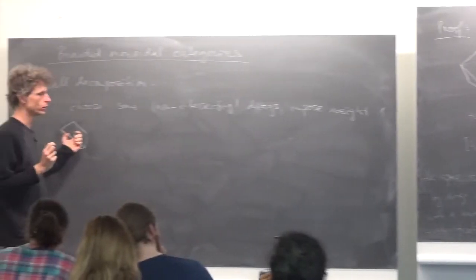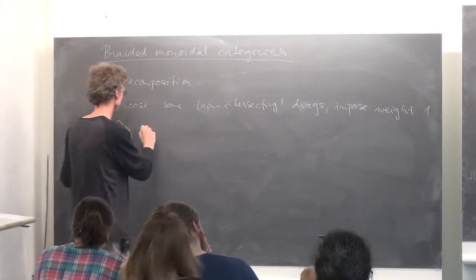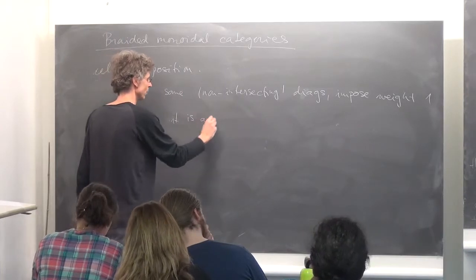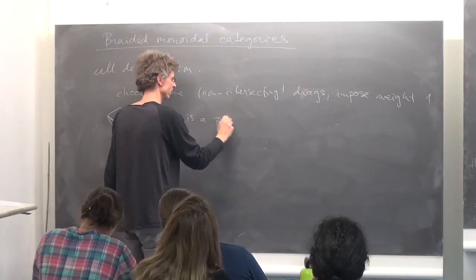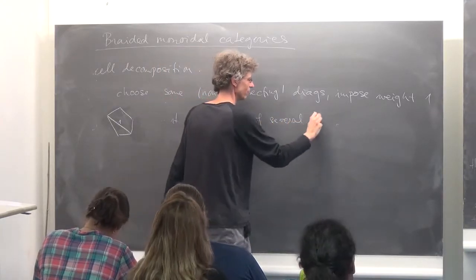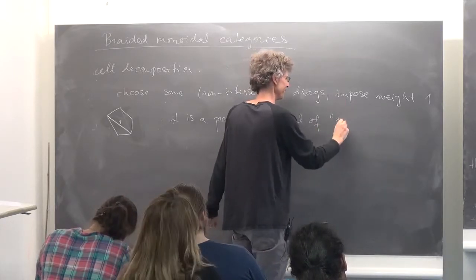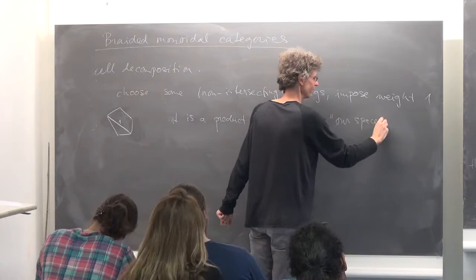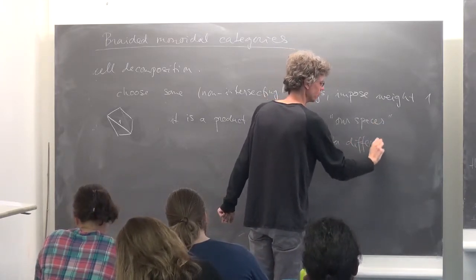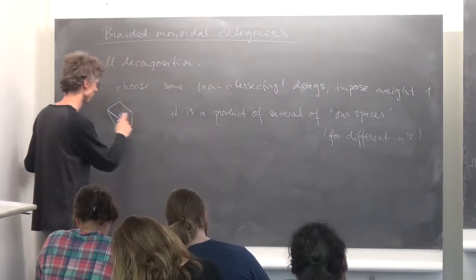And what does this kind of thing look like? In fact, it is a product of several of these associahedra, of several of our spaces, for different n.